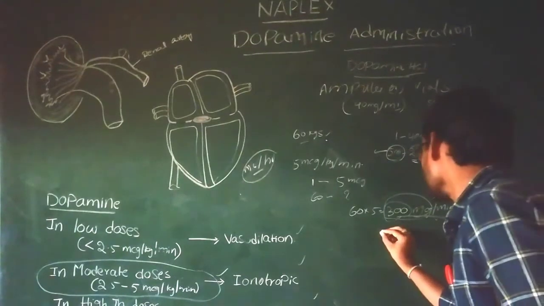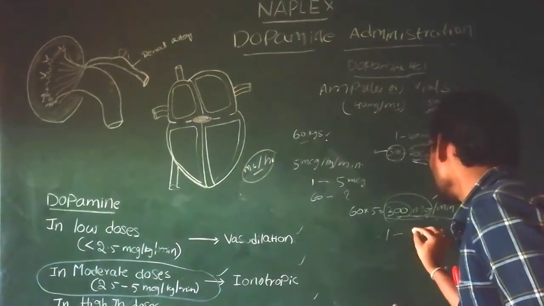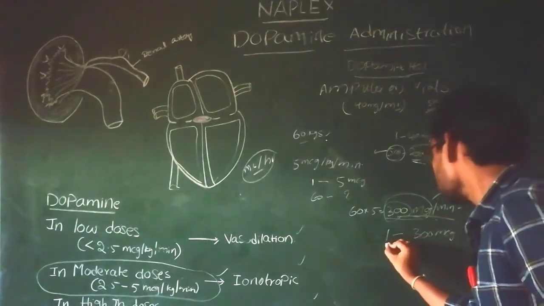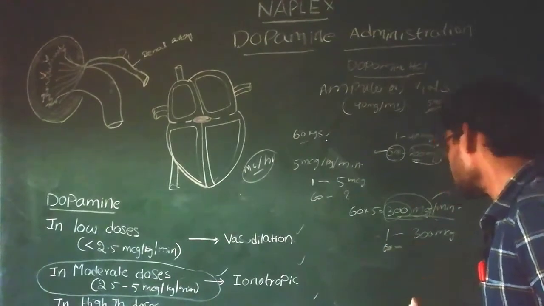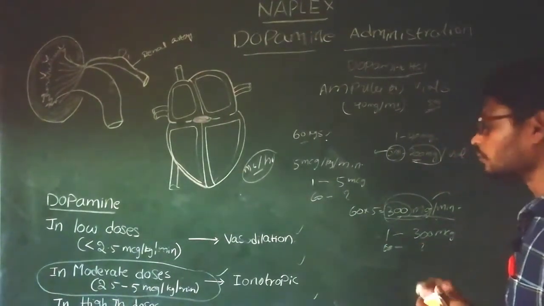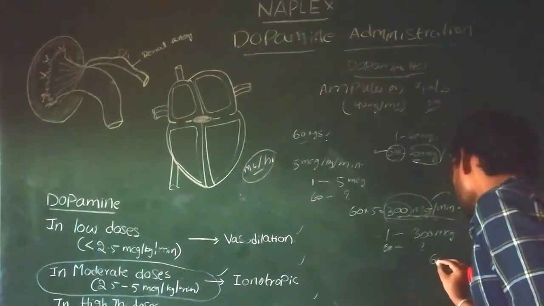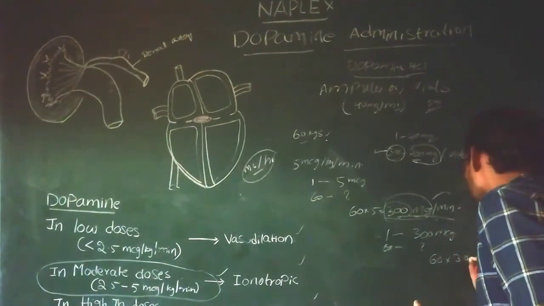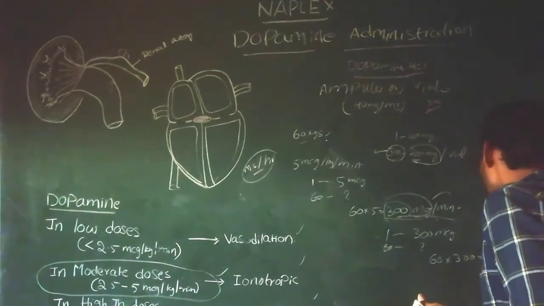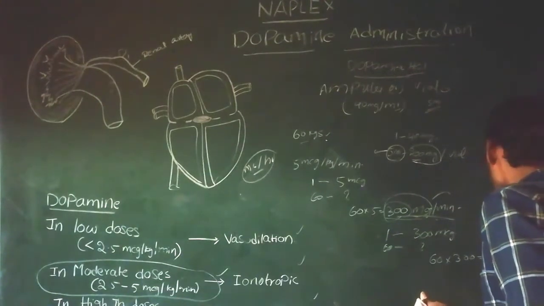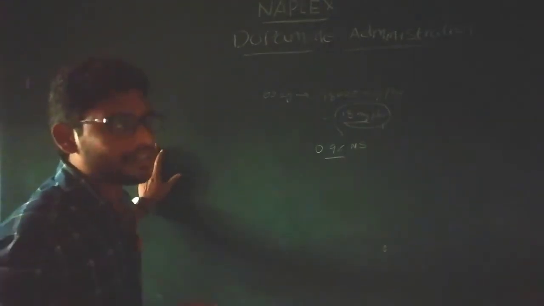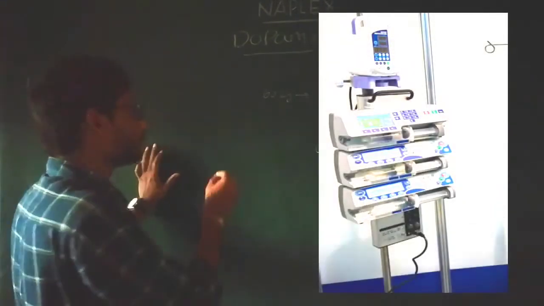For 1 minute we administer 300 micrograms, and 1 hour means 60 minutes, so 60 into 300 gives 18,000 micrograms per hour. This is the hourly dose. The infusion meter has a syringe with a capacity of 50 ml.